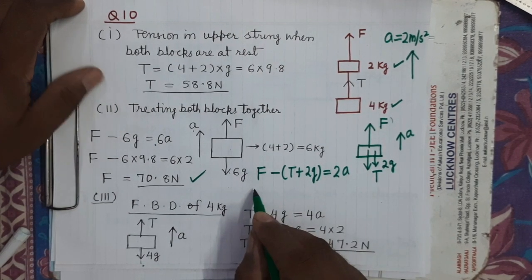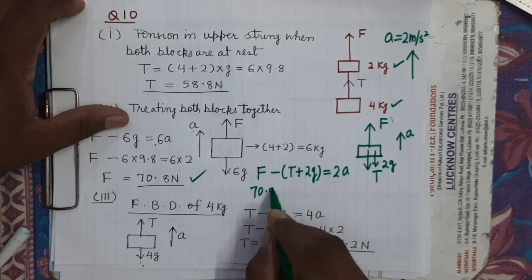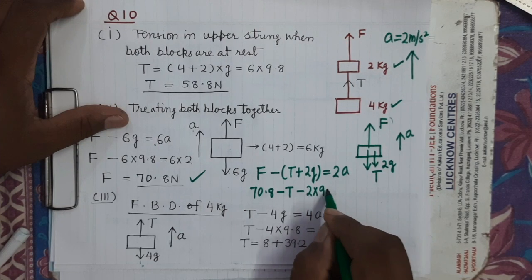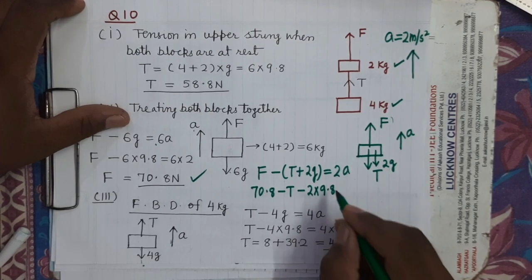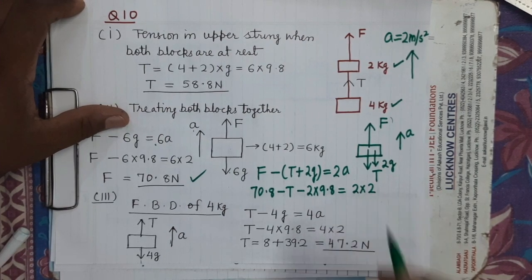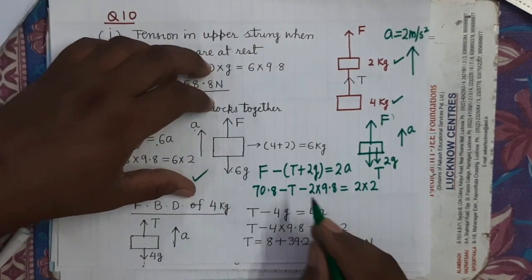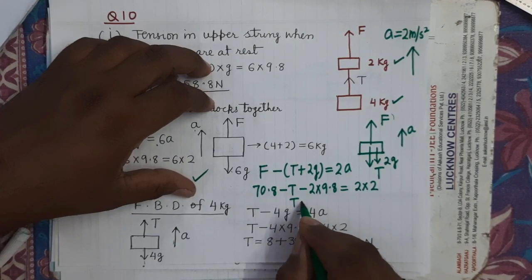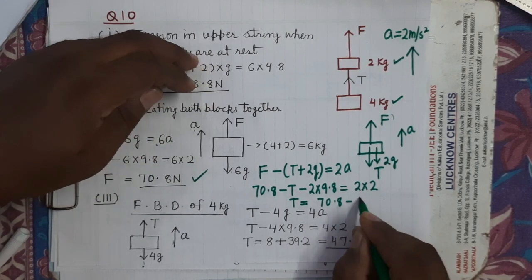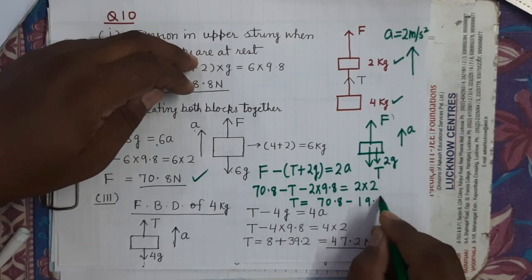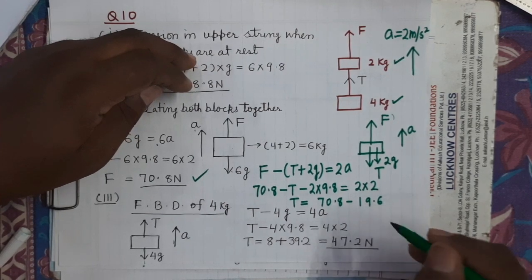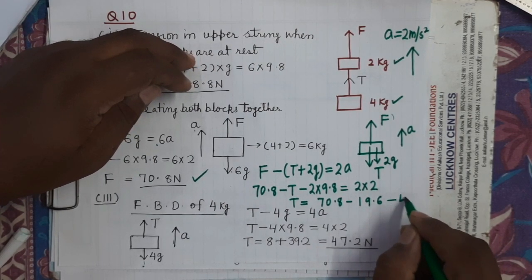So you simplify. F is 70.8, minus T, minus 2 into 9.8, equals 2 into 2. It's clear. So simplify this. T equals 70.8 minus 19.6 minus 4.